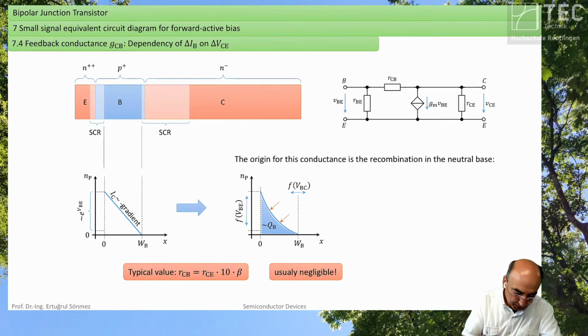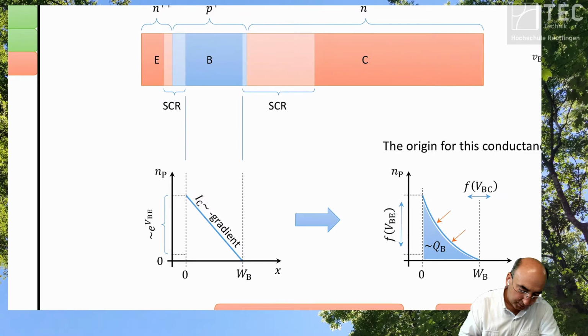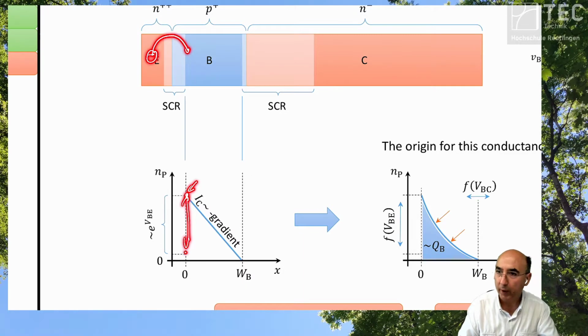Because we said initially the majorities here are injected to the base, and here they are minorities. There they pile up and say we have a diffusion delta n, and at this point the concentration is 0.